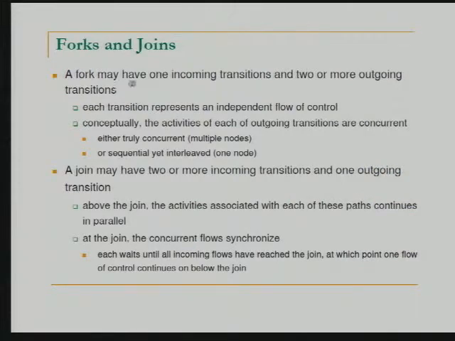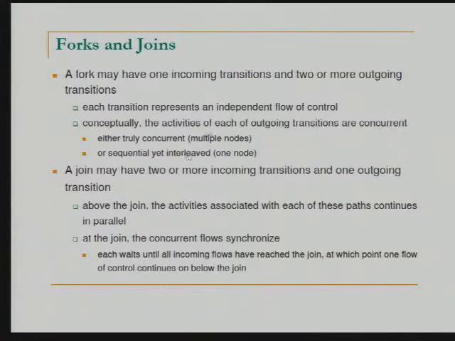Now, a fork can have one incoming transition, two or more outgoing. Each of those outgoing is an independent flow of control. Now, again, conceptually, the way we do that, because these activities, we want them to be concurrent. Truly concurrent, which means you can literally put these on a different node of a multi-core processor.